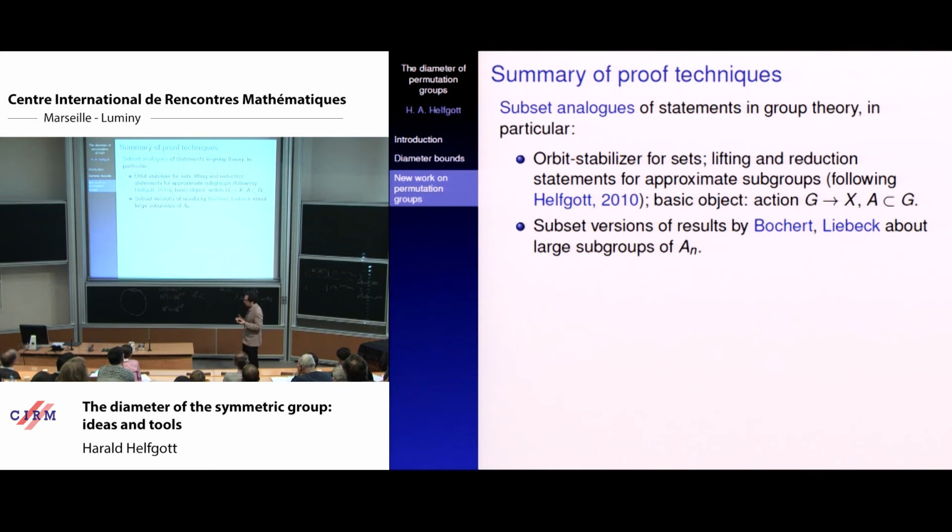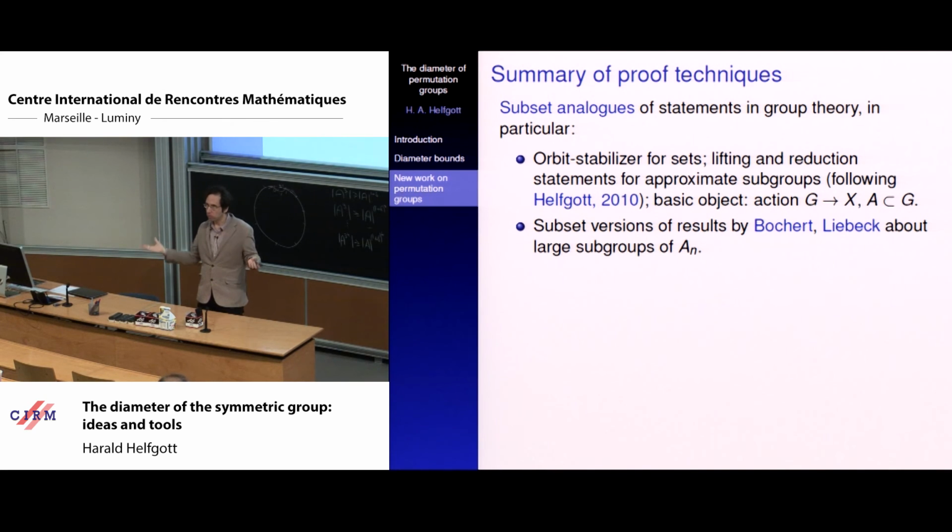Also, why do I not use so much the term that other people use, approximate subgroups? Because from my perspective, one should view things even more generally. If one wants to give some sort of formal framework, it's not just about groups acting on themselves, it's about groups acting on sets or groups acting on objects.